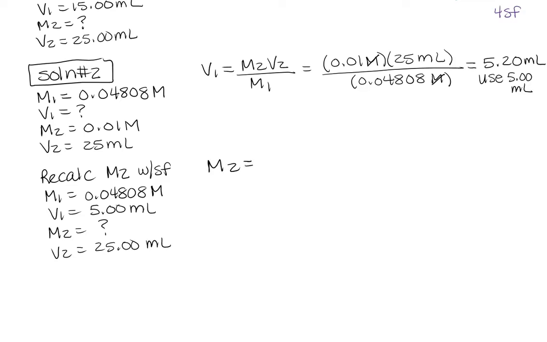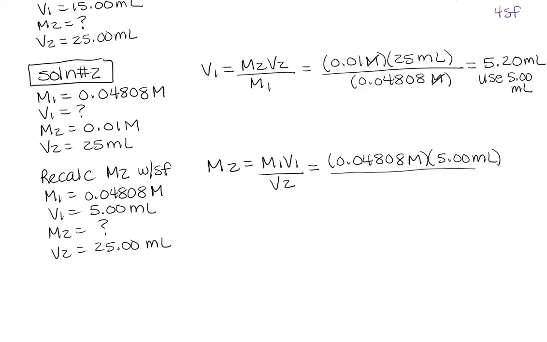So M2 equals M1V1 over V2. Plugging in the values, we have 0.04808 molar times 5 mL, 5.00, divided by 25.00.